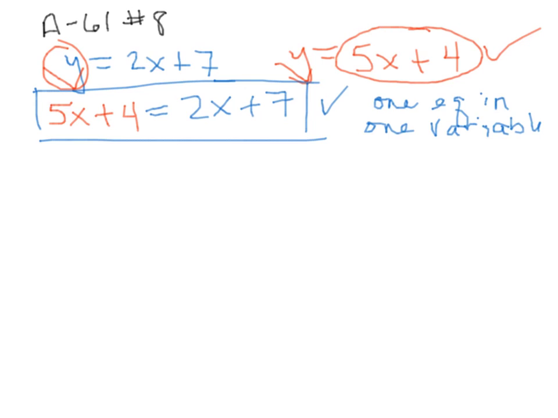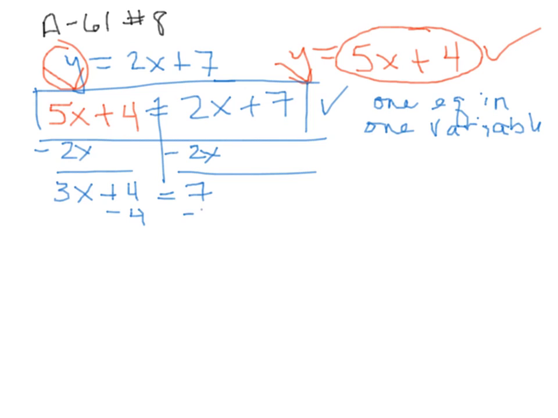So I'm going to start collecting up my like terms here. I'm going to subtract 2x from both sides of the equation, right? And that gives me 3x plus 4 is equal to 7. I subtract 4 from both sides, right? And I get 3x is equal to 3.